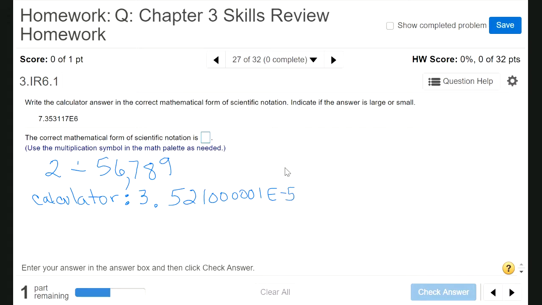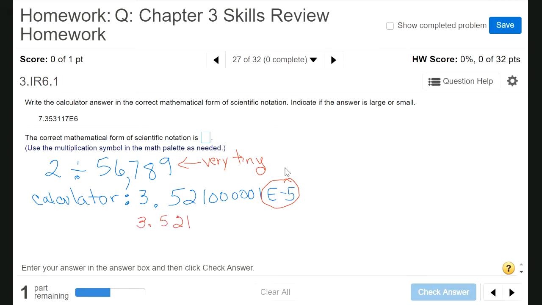That's because 2 divided by 56,789 is a very tiny number. And so what this is telling you, this E minus 5, that means this is 3.521. I'm just going to drop the rest of that.